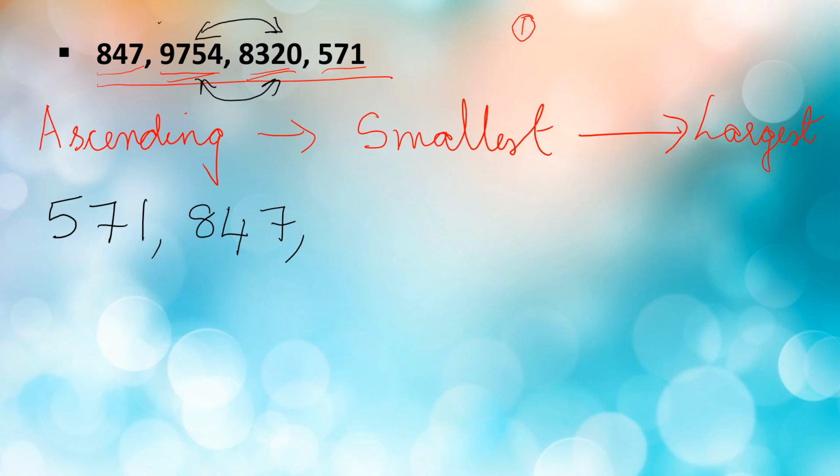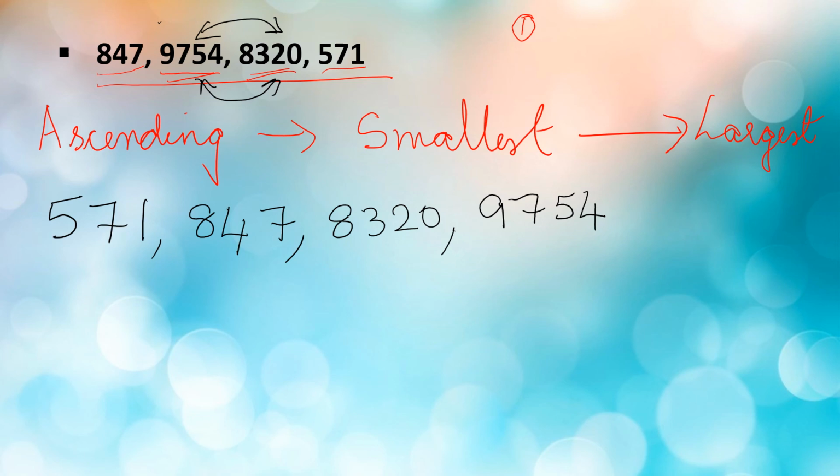So it's very clear, 8320 is less than 9754. So this is the order of numbers in the increasing order or ascending order.